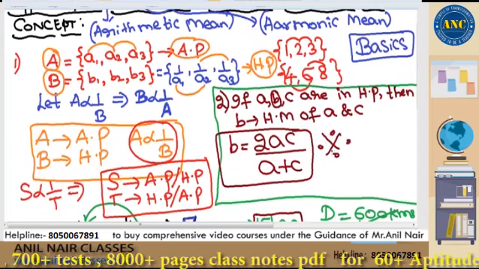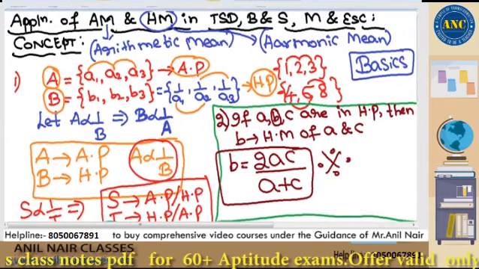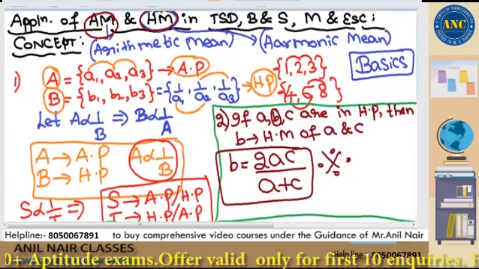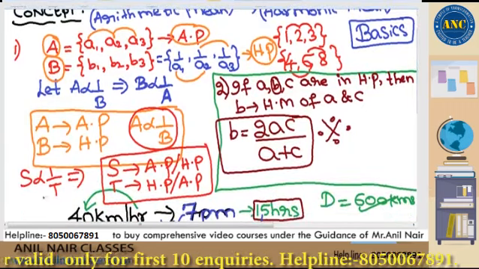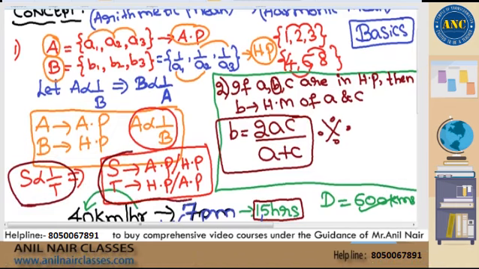We will solve some of the very, very good questions using the concept of arithmetic mean and harmonic mean. Close to around 3 to 4 good questions we will solve, which say that whenever two parameters are inversely proportional, if one is in AP, the other will be in HP. That is the first key point.